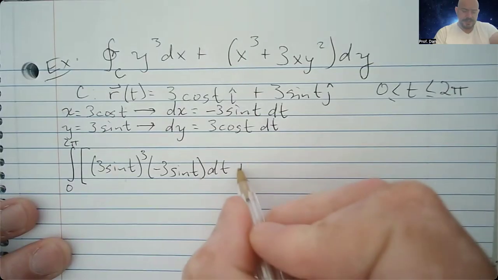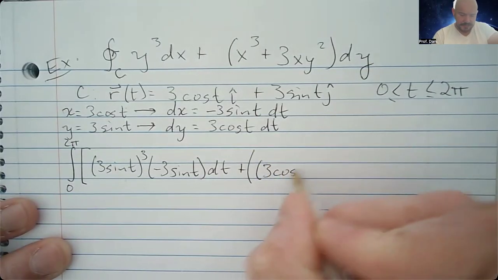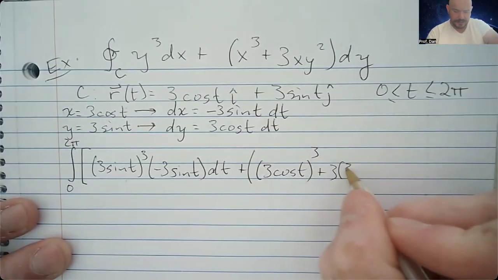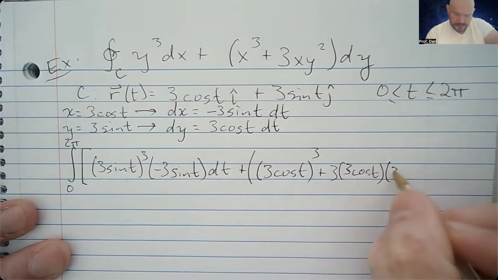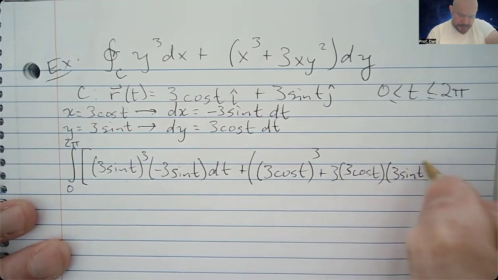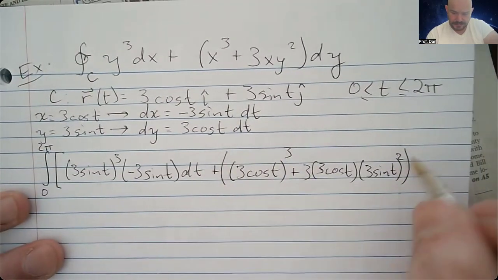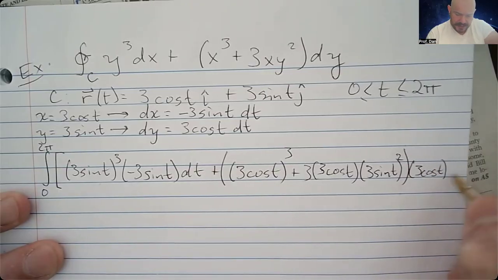All right, plus, then we're going to take our x, 3 cosine t, we're going to cube that, plus 3 times 3 cosine t times 3 sine of t squared. And then dy we can replace, multiply by 3 cosine t dt.